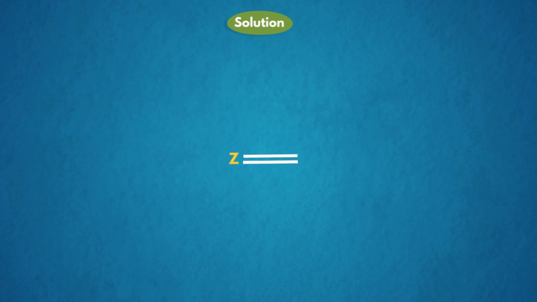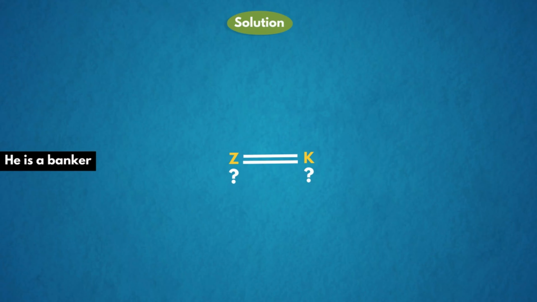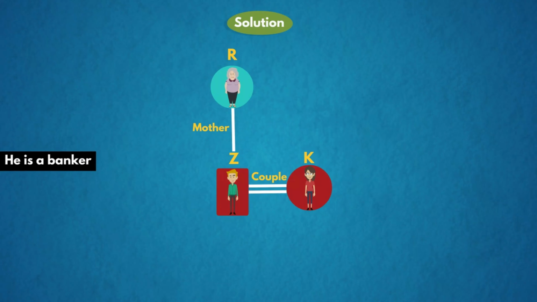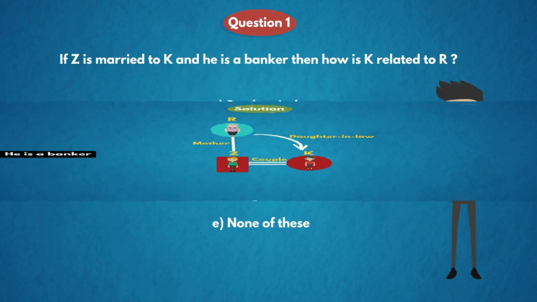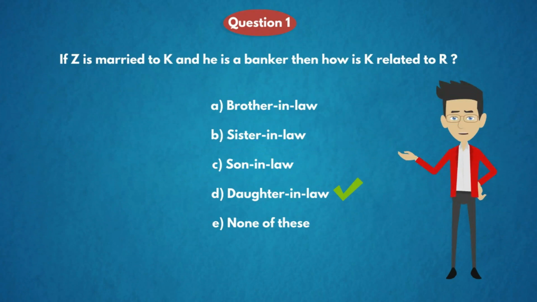Here Z is married to K, but here we don't know the gender of Z and K. In the question they given that he is a banker. So Z is a male person and K is a female person. Here R is the mother of Z. So here K is daughter-in-law of R. So the answer is option D, daughter-in-law.